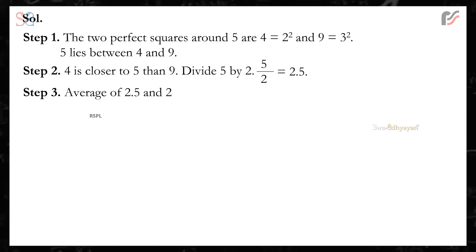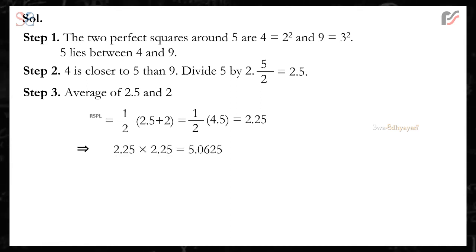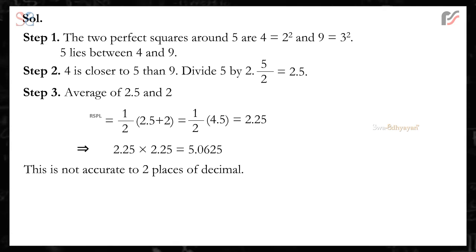Step 3. Average of 2.5 and 2 is equal to 1/2 × (2.5 + 2), which is equal to 1/2 × 4.5, which is equal to 2.25. 2.25 × 2.25 is equal to 5.0625. This is not accurate to two places of decimal.